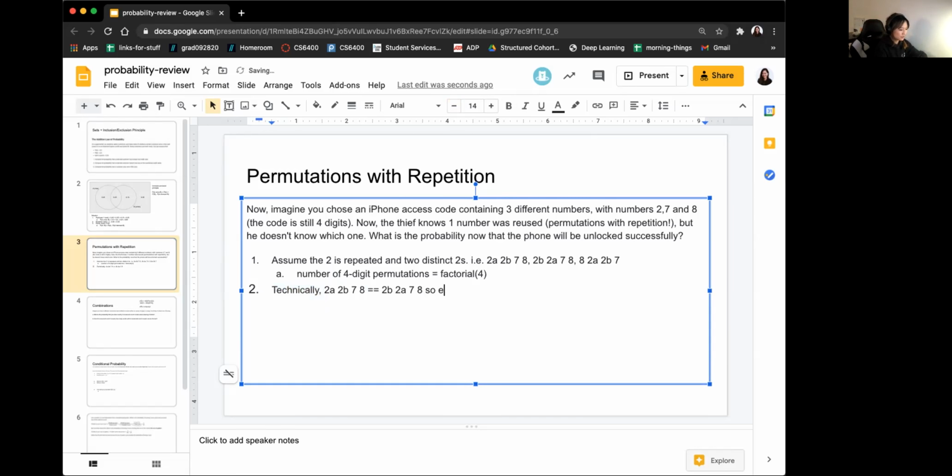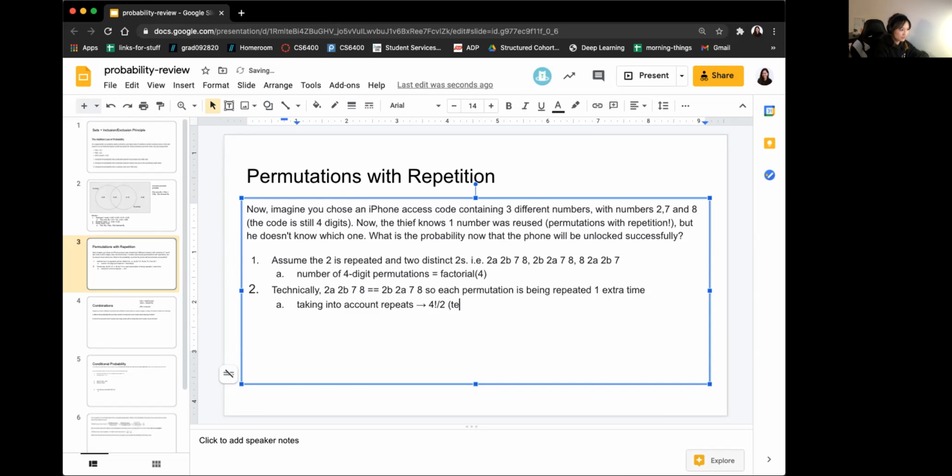Each permutation is being repeated one extra time. Because of this, we're just going to take factorial 4 and divide it by 2 to account for the repeating 2s. So taking into account repeats, we have 4 factorial divided by 2.